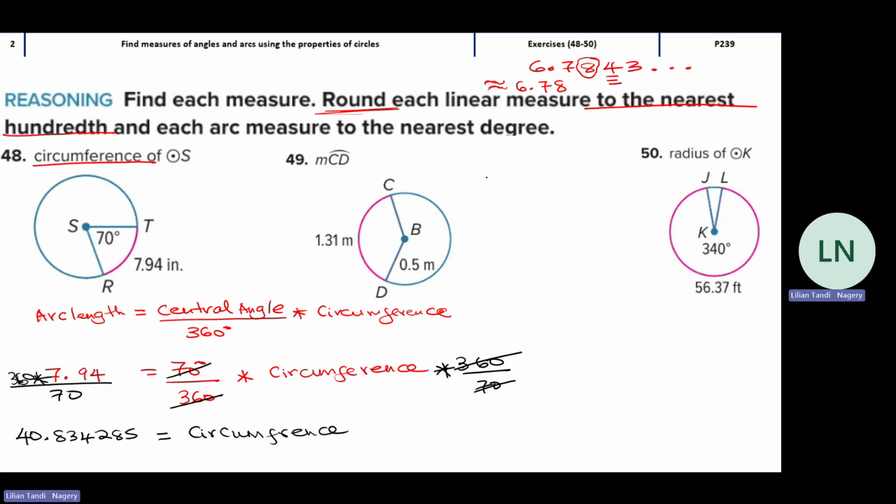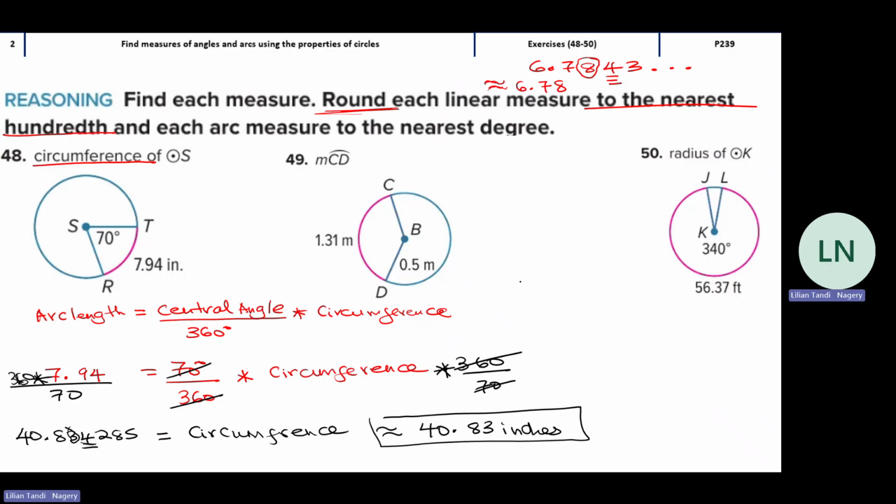Now I want to round to the nearest hundredth. I will count 1, 2, so that's 3 here. Underline this 4. Am I adding? No. So my answer for circumference will be 40.83. And then my unit is inches. And then I box my answer.